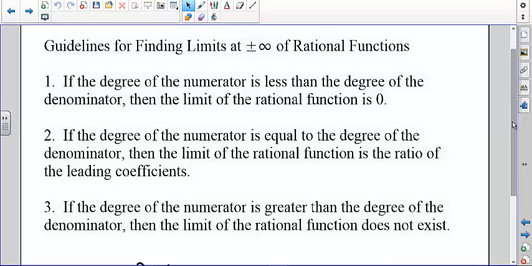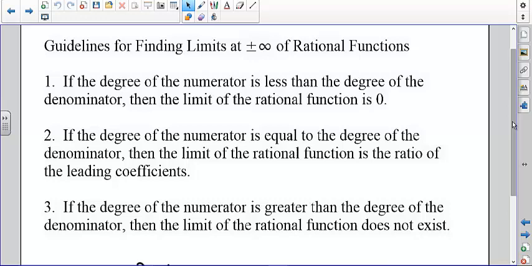So if the degree of the numerator is less than the degree of the denominator, then the limit of the rational function is 0. And I'll give examples of this in just a second. The second one is if the degree of the numerator is equal to the degree of the denominator, then the limit of the rational function is the ratio of the leading coefficients.